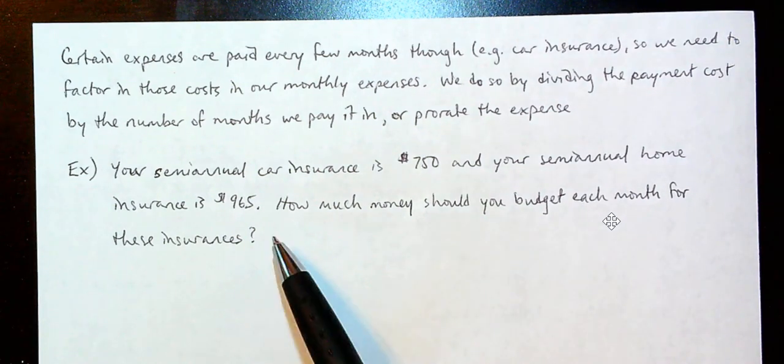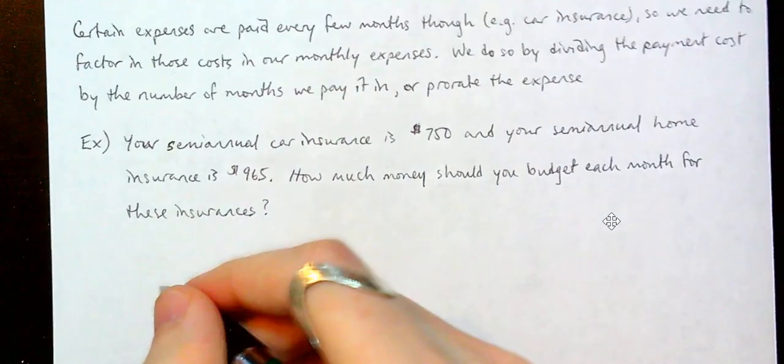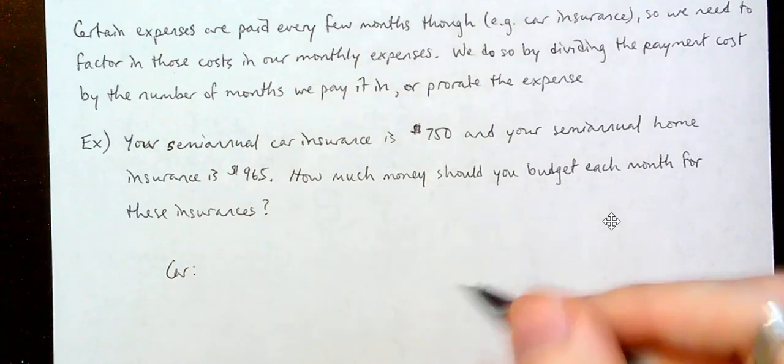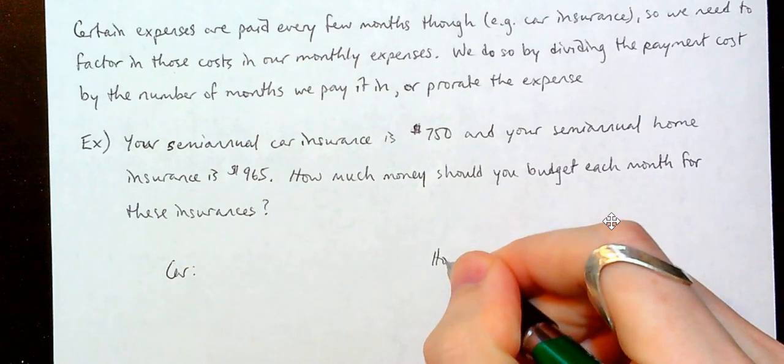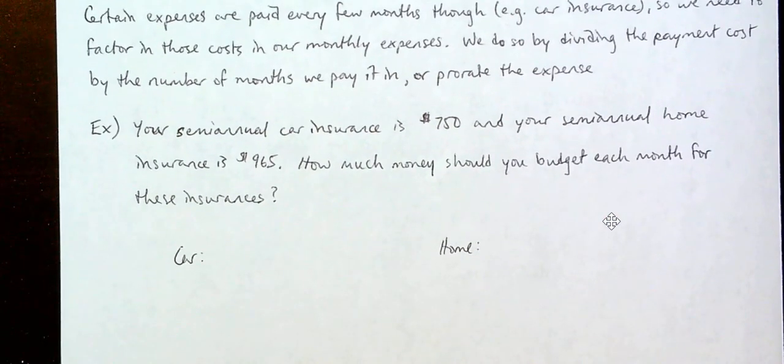So here, as a sample problem, your semi-annual, every 6 months, car insurance is $750, and your semi-annual home insurance is $965. How much money should you be budgeting each month for these two insurances? So there's the car insurance, here's the home insurance.